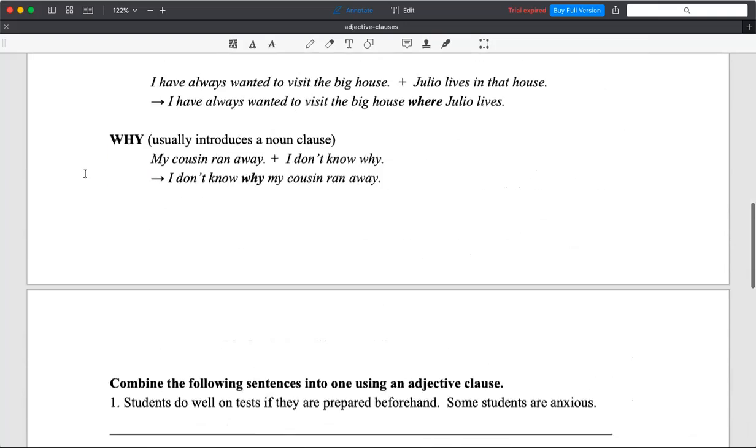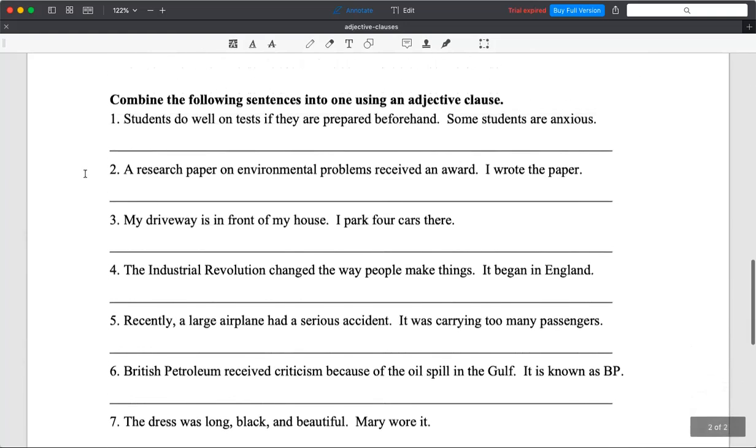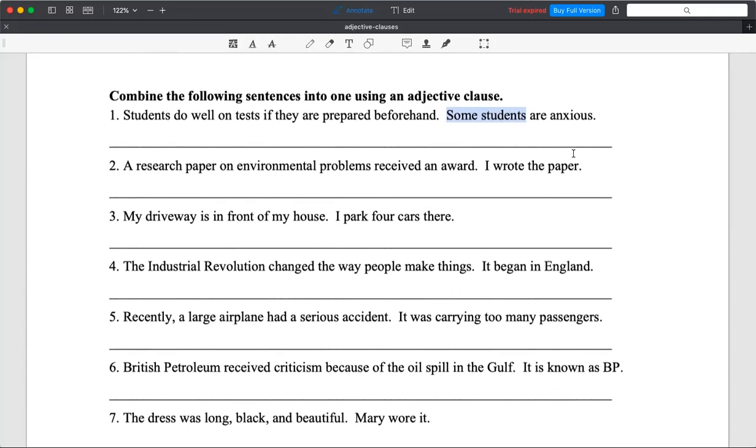Who will replace the subject of the second sentence in order to put it right after the noun you're defining. Instead of some students, you use who. Avoid repetition, right? Just to avoid redundancy. So you say students who are anxious do well on tests if they prepare beforehand. So you were absolutely correct. Aside from that, you can just simply eliminate some.